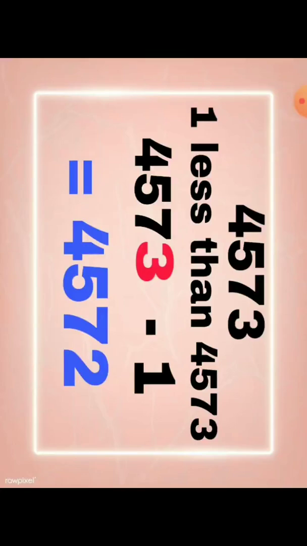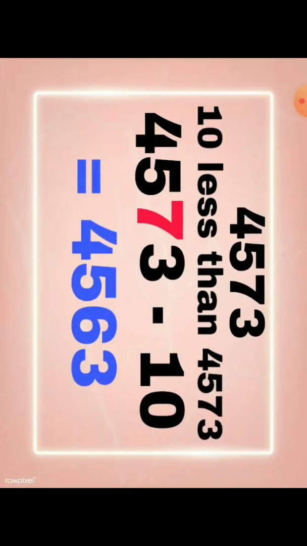We want one number less than 4573. So we have to subtract 1 from this number. 1 is subtracted from the ones place of this number. 3 is on the ones place, so 1 is subtracted from 3. We get the number 4572.